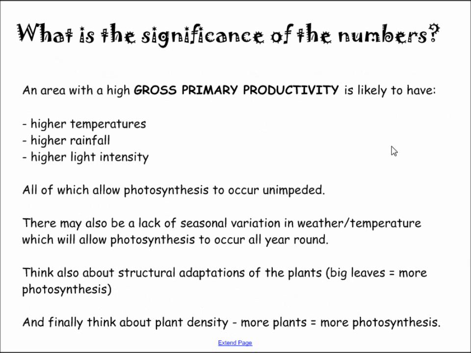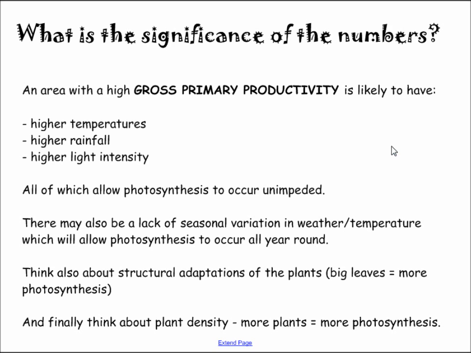The significance of the numbers, well, an area with high gross primary productivity is likely to be one that has higher temperatures, higher rainfall, and higher light intensity. Basically, one which has a higher rate of photosynthesis. They may lack seasonal variation, so they have sunlight all the time, which would allow photosynthesis to occur all year round.